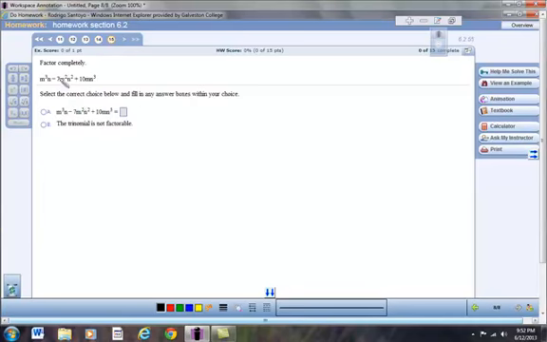And the last problem we're going to do is factoring this completely. Once again, we see that we can pull some things out. These are all divisible by, well, they all have an m.